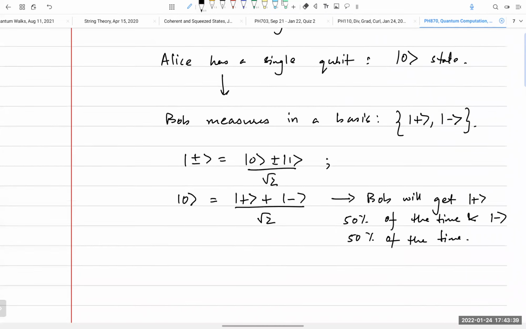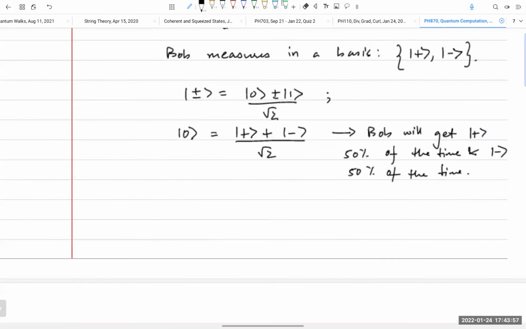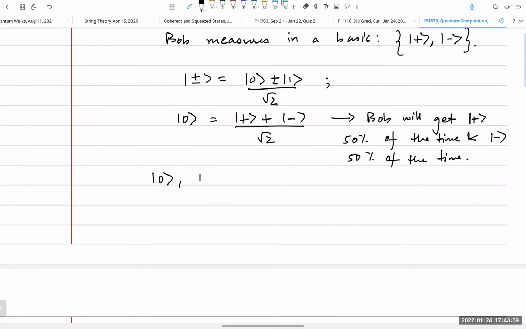Now, this is very important to understand. The result of a measurement depends on the basis in which you make that measurement. For instance, 0 and 1, these are eigenstates of which operator? Another way to say it is, it depends on which operator you measure.